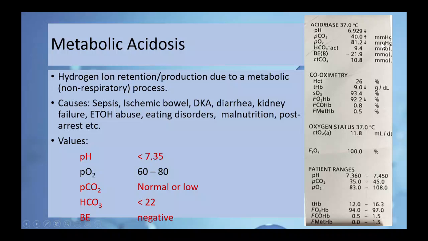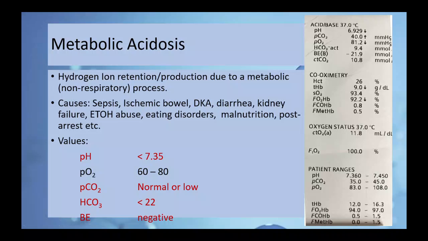The PO2 is normal. In this case, the patient's PO2 is 81. It's fine. Again, the PO2 does not affect pH. The PCO2 here is normal, right on the button at 40, and the bicarbonate is low. Notice the bicarb on this example I'm giving you is 9.4.